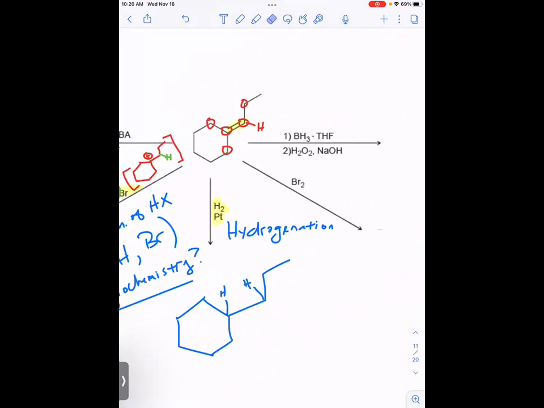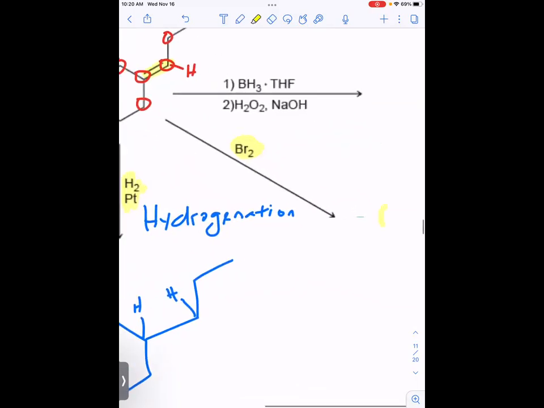All right. What about here? This is another reaction that we should be familiar with at this point. What are we going to get? And tell me one special characteristic about this reaction and the name of it. I'm adding Br2. I'm adding a halogen to the alkene. What's the name of that reaction? Halogenation.